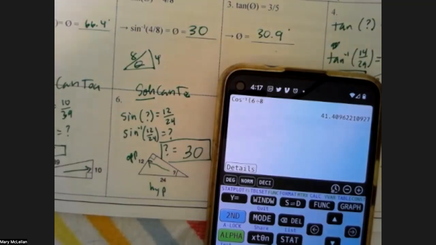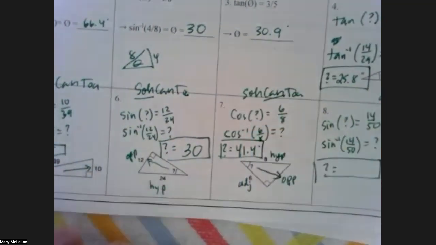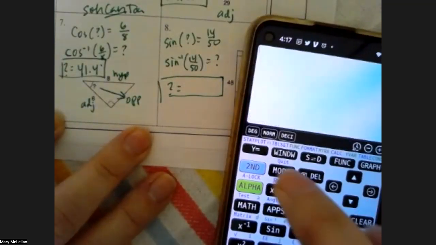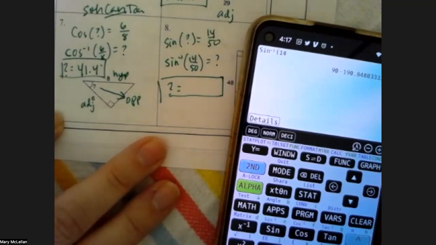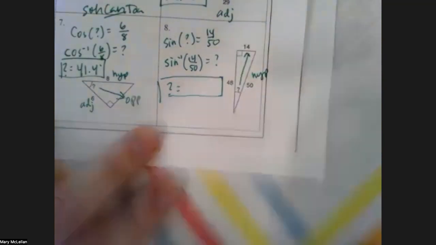See, it's different. 41.4 degrees, approximately. Next. Okay. Inverse sine of 14 over 50. It's about 16.3 degrees.